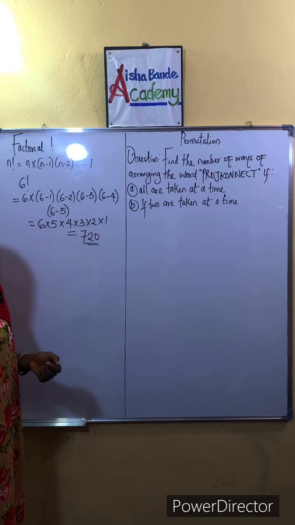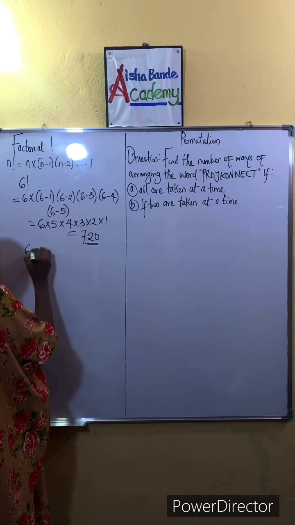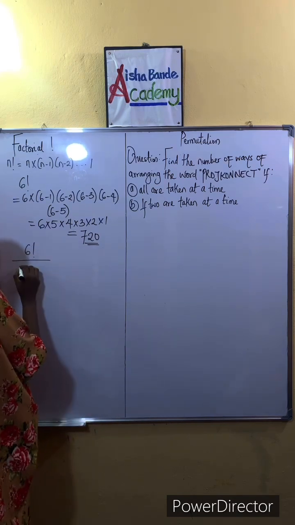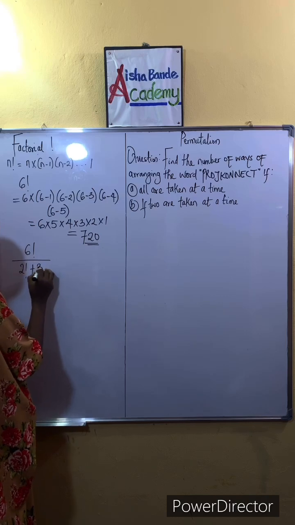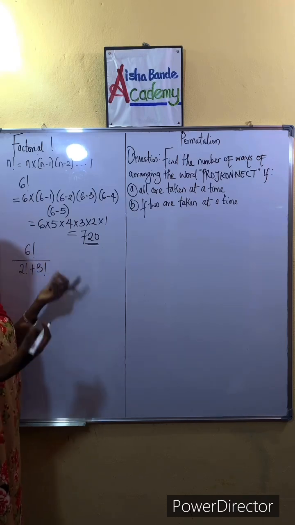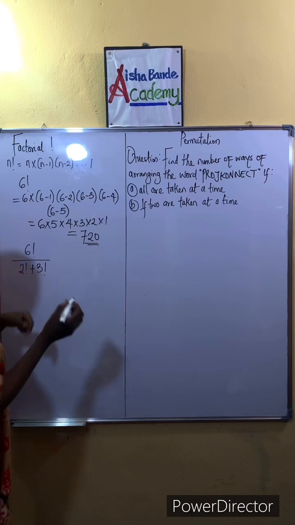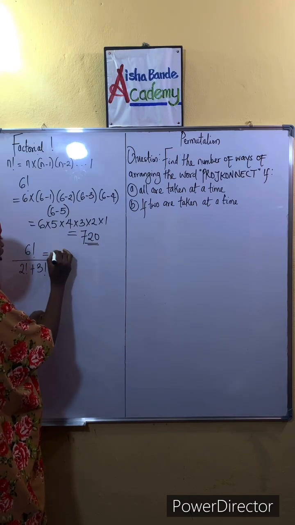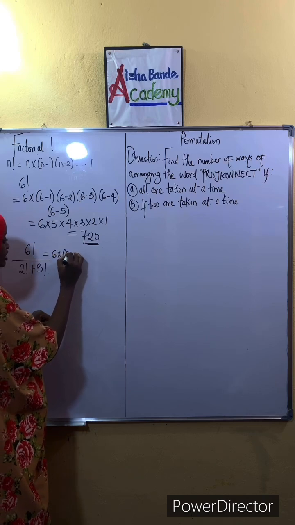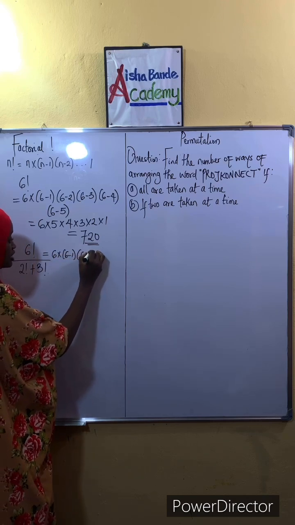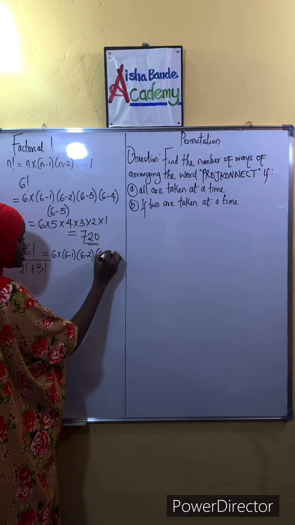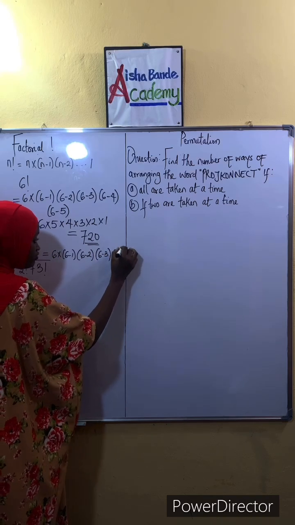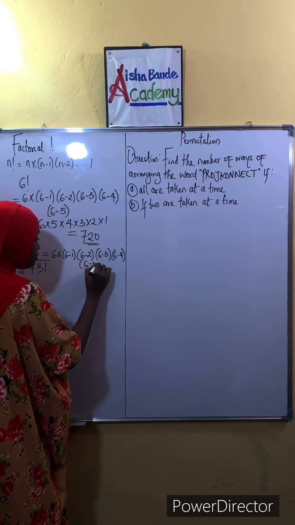Let's pick another example: 6 factorial all divided by 2 factorial plus 3 factorial. Solving this, we can see that this 6 here is the n. So 6 factorial is the same thing as saying 6 multiplied by (6 minus 1) multiplied by (6 minus 2) multiplied by (6 minus 3) multiplied by (6 minus 4) multiplied by (6 minus 5).